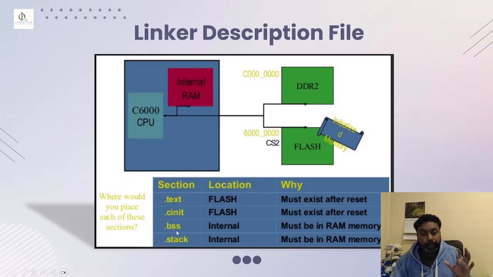The others, .bss for the global variables, and the internal variables inside void main, will all sit in the internal memory, which should be the RAM memory. So this is just to give you an idea about how and where your data moves after you compile and generate that code, and this is where the sections sit in the actual memory mapping.